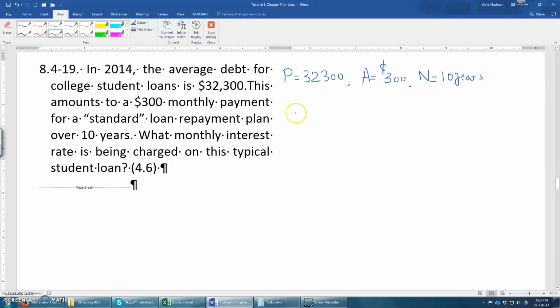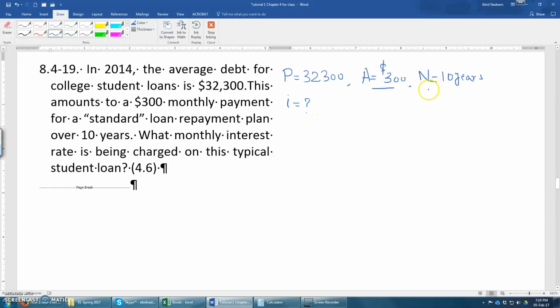So what interest rate is basically being charged on this? And the interest rate is the monthly interest rate, because the payments are monthly payments. So we need to find the interest rate, and that will be the monthly interest rate.